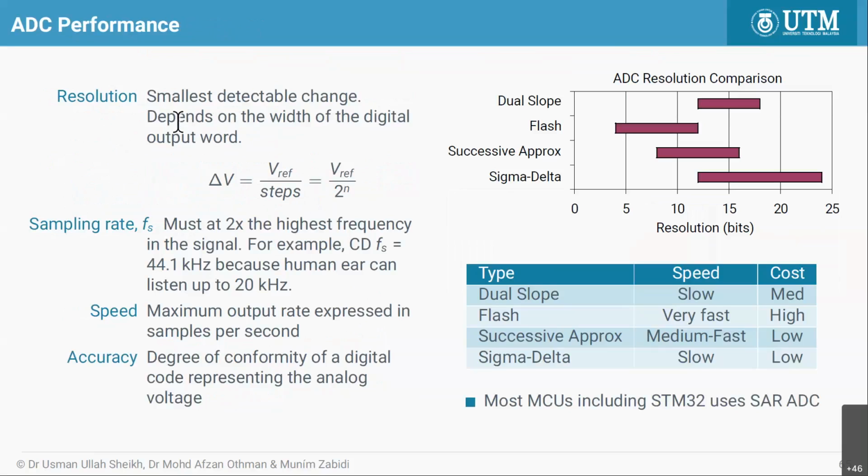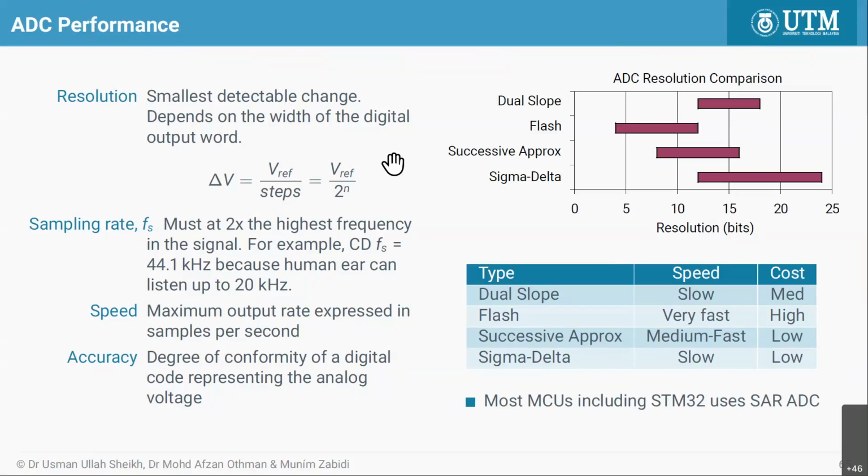The smallest detectable change on the ADC is the resolution. It depends on the width of the digital output word. So if you have, for example, a 10-bit ADC, you will have 2 to the power 10, or 1024 steps.